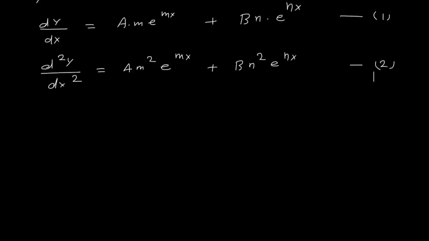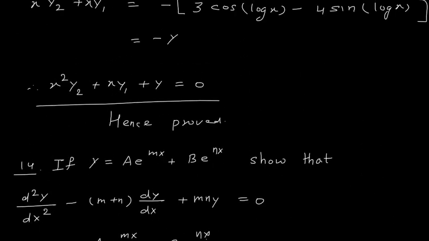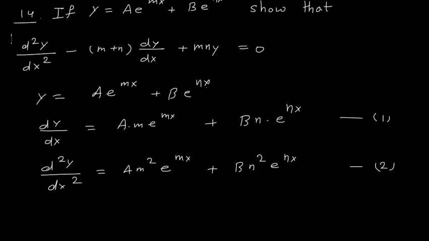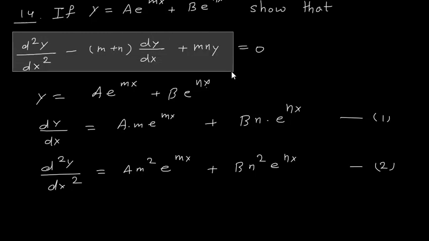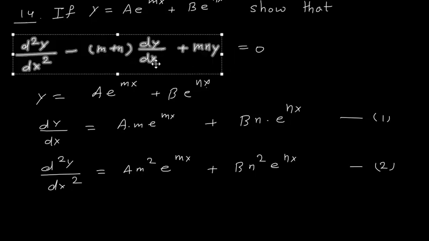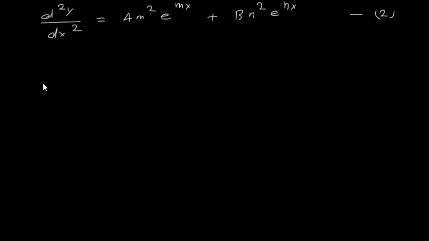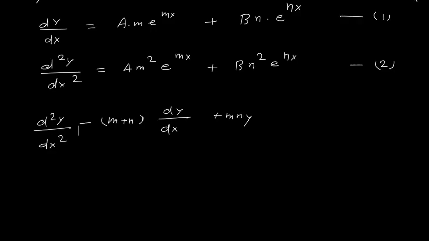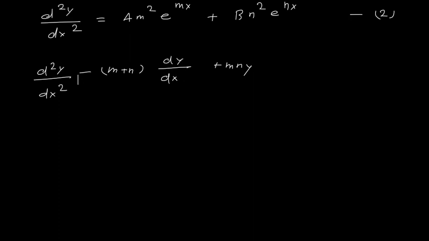Now let us find what is the value of d square y upon dx square minus (m plus n) dy upon dx plus mn y. We have to prove that this is equal to 0. So better we take this value and find its value.